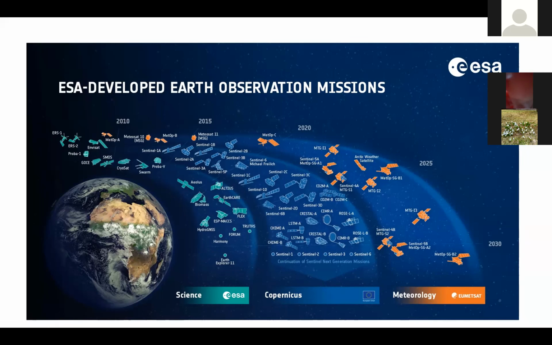So quite many instruments, and what I want to mention here specifically is that it's quite a long way to plan a satellite before it's launched. Usually it takes 10 to 15 years to discuss and to build the satellite.